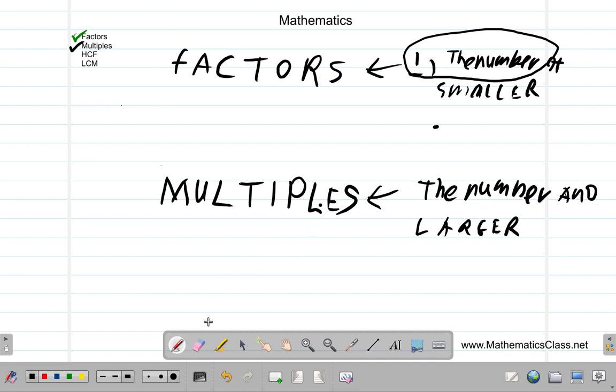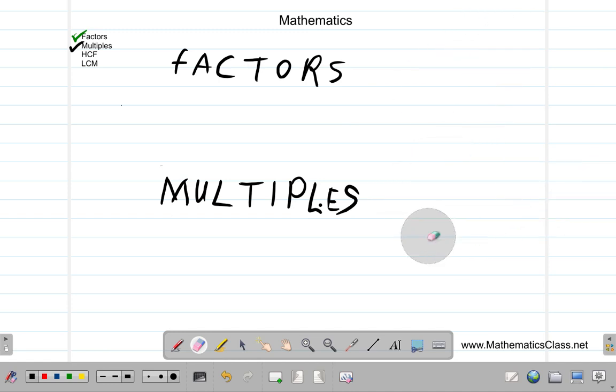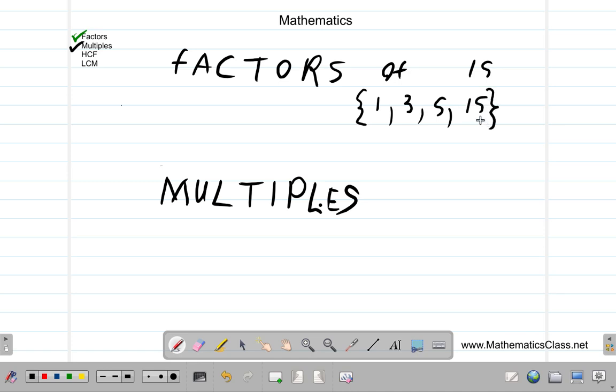A few more examples. Factors of 15 would include 1. What else to say? Tell me. Next number, 3. Then 5. Then one more, 15. Because these can divide into 15 without leaving a remainder.